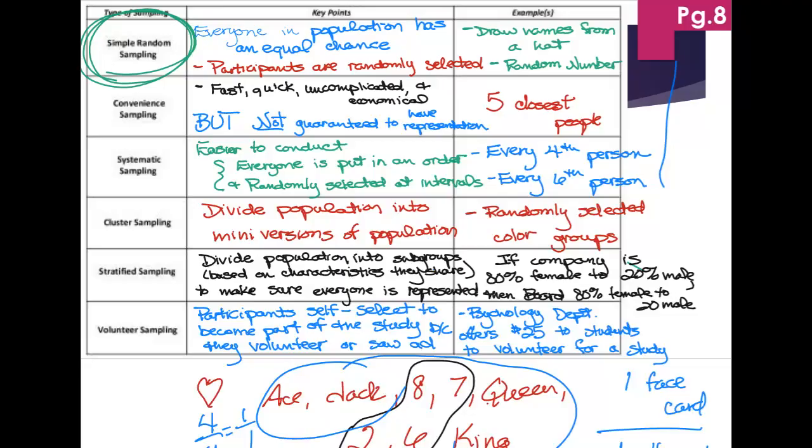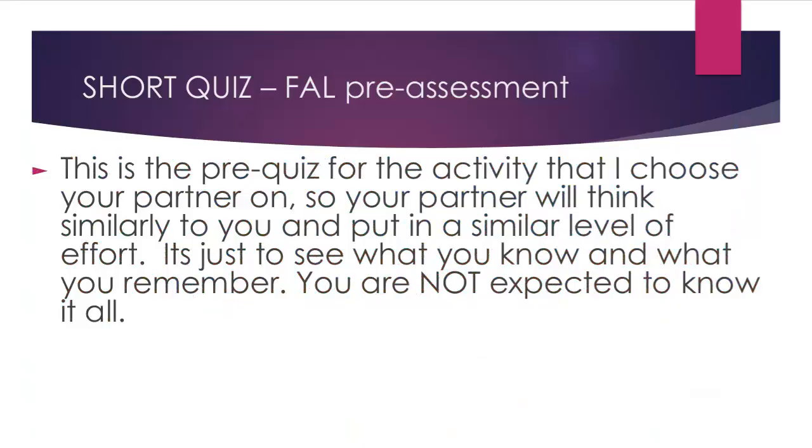Okay, so let's shut the books on this. And it's time for everybody's favorite, the little quiz, based on something that you will find out more about in the chapter, but you might not know very much about.